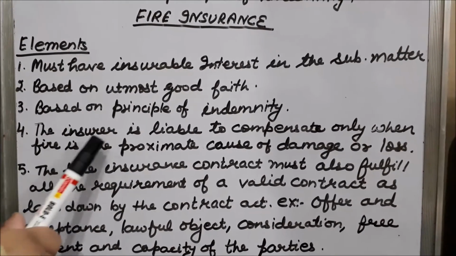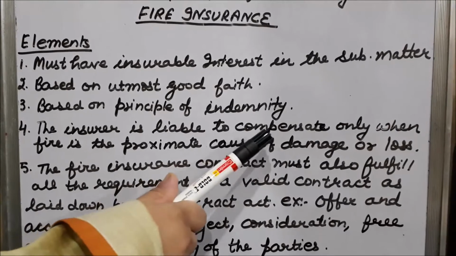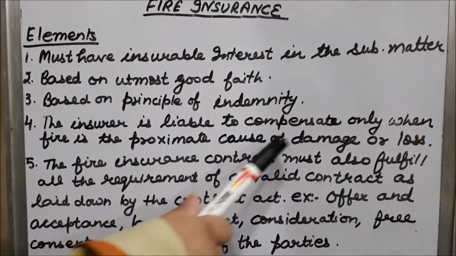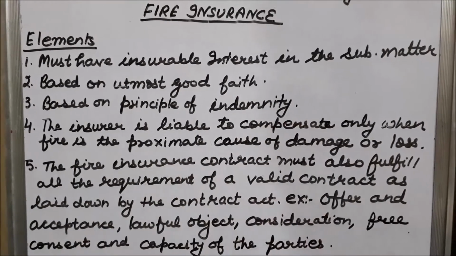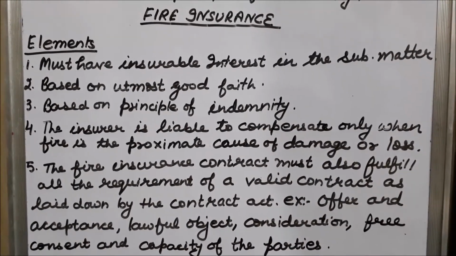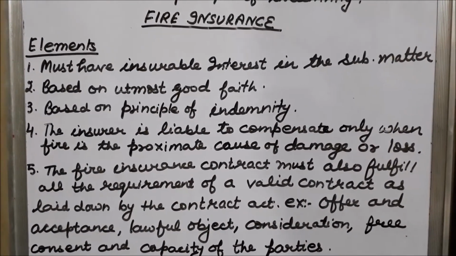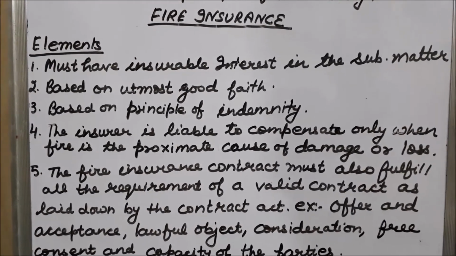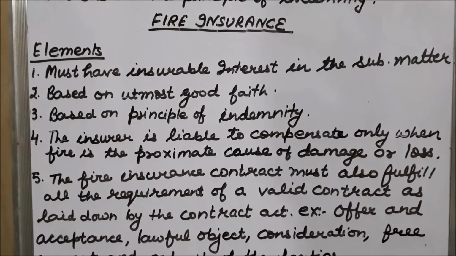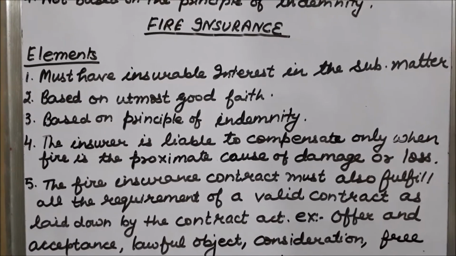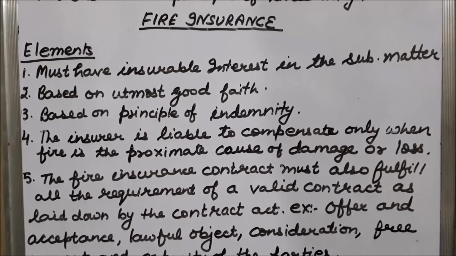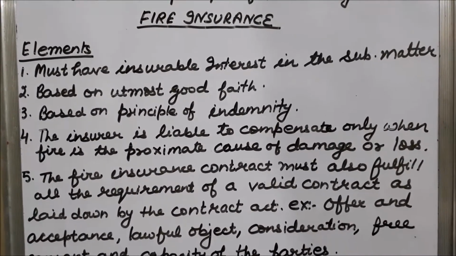Next, the insurer is liable to compensate only when fire is the proximate cause of damage or loss. So students, the insurer will pay only if fire is the proximate cause. Proximate means nearest cause. It means if loss has occurred only because of fire, only then compensation will be paid by the insurer, otherwise not.